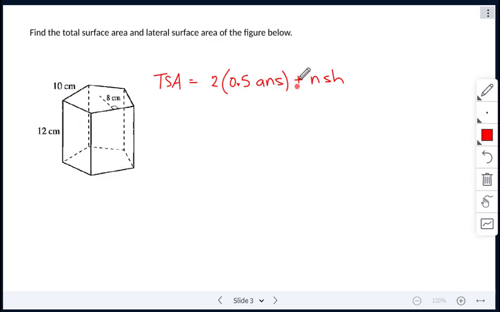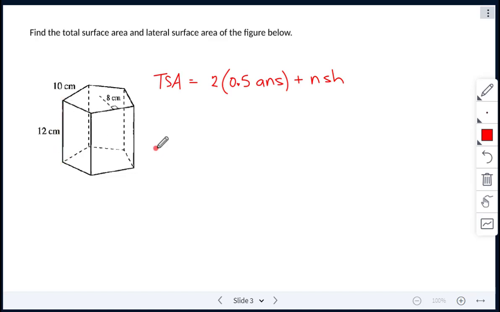And then we have plus the NSH, that represents the rectangles, so N is again 5, S is side length, which is 10, and H is the height, which is 12.